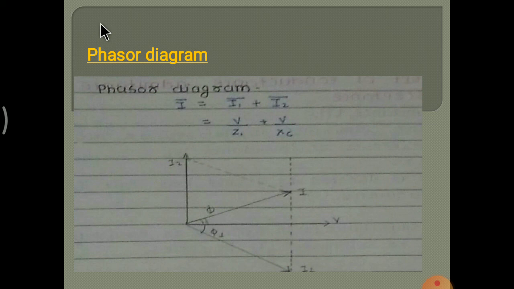Suppose the values of I1 and I2 are changed, then I can be leading to V, in phase with V, or lagging to V. If the values change, then the projection of I and the angle phi also change.